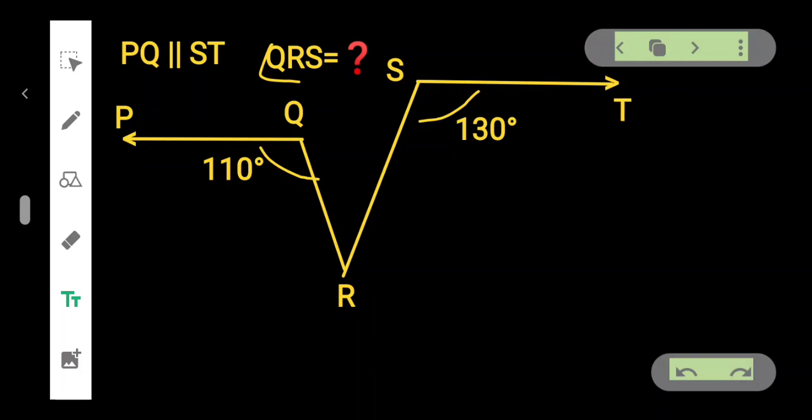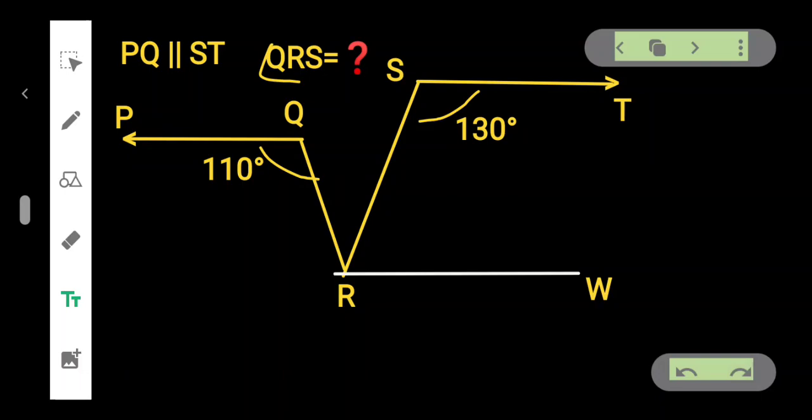Again, the same property we may use. If one line is parallel to another line, and the remaining lines are already parallel, then all three lines are parallel to each other. So take another line either parallel to PQ or parallel to ST. Then all three lines must be parallel. From point R, take a line parallel to this.